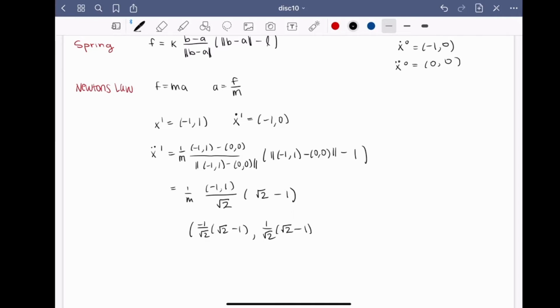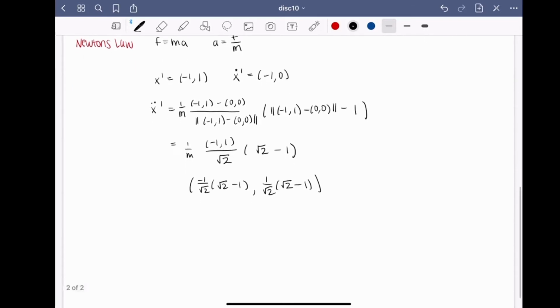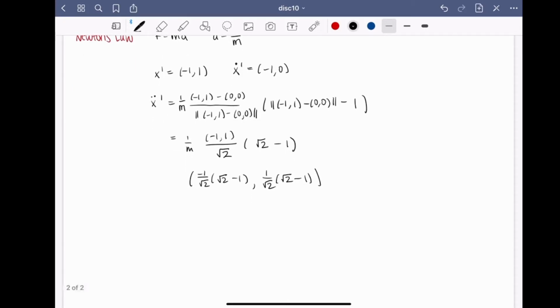And then obviously we have our mass term here as well. And it says that our mass is just 1, so we're omitting that. Alright. So now that we have our acceleration for time step 1, let's move on to time step 2.